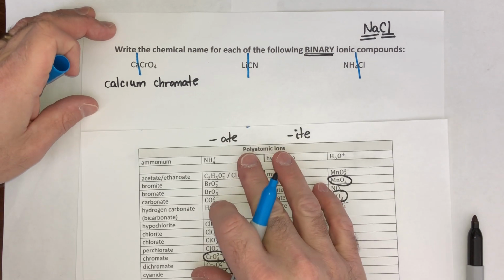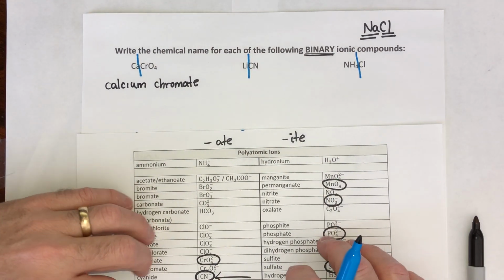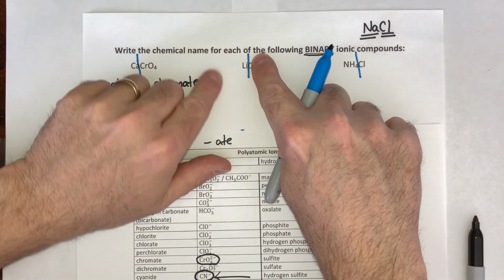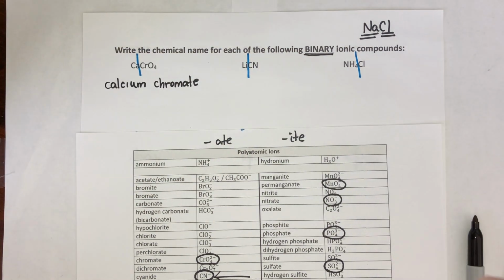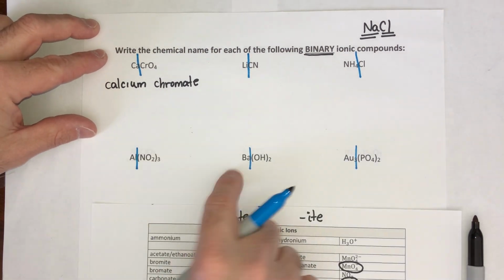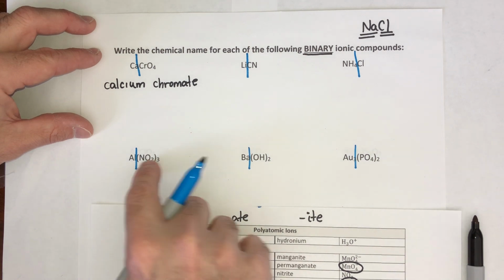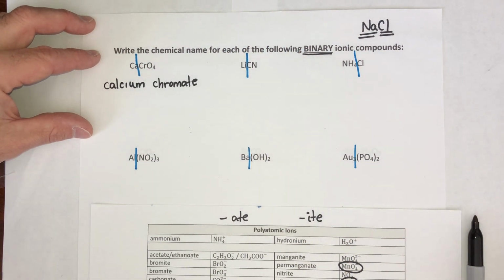So for splitting these, the first few, you're probably going to have to go searching your polyatomic ions table to decide, where am I going to split this? Lithium and carbon, or carbon and nitrogen? But eventually, you will start to see patterns. You'll start to see that the majority of them do start with metals, and that'll be your first half, and the second half will be the collections of atoms. That'll be your polyatomics.